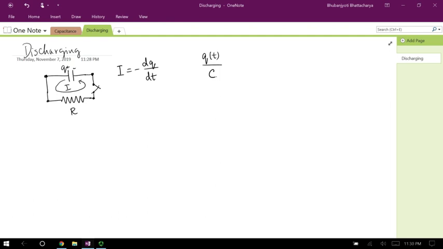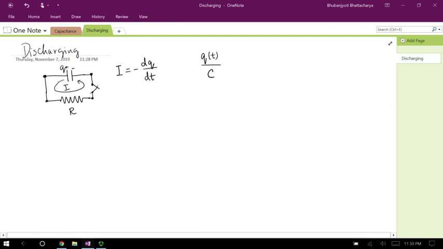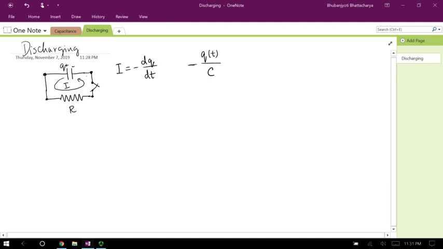As we're applying the Kirchhoff rule, we went from here to here, so that was the Q(t) over C drop. That's a negative drop because it goes from the positive to the negative side. And now as we go through the resistor, we are going against the current, so that's a plus I times R, and that net thing is equal to 0. Which tells us IR is equal to Q(t) over C.